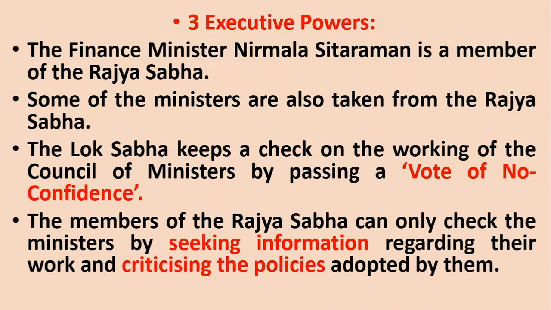Yes, vote of no confidence is the way by which the Lok Sabha checks the ruling party. Now, what does the Rajya Sabha do? The members of the Rajya Sabha can only check the ministers by seeking information regarding their work and criticizing the policies adopted by them. So these are the ways available to the members of Rajya Sabha to check the working of the government. So it comes under their executive powers.